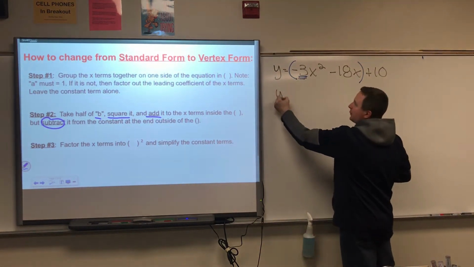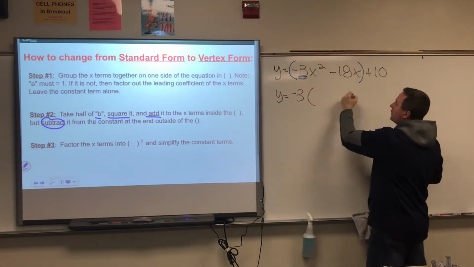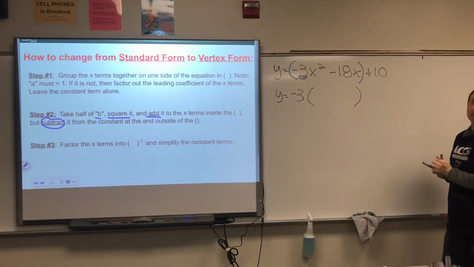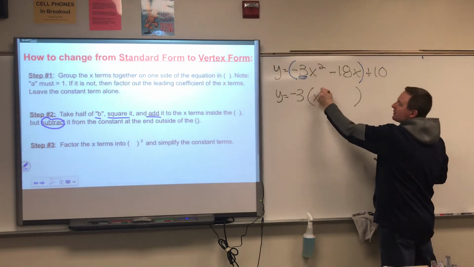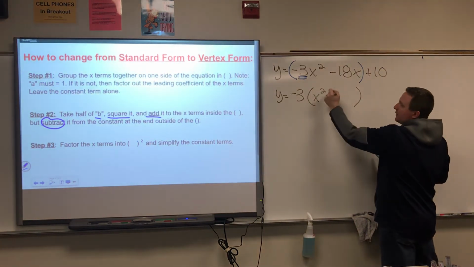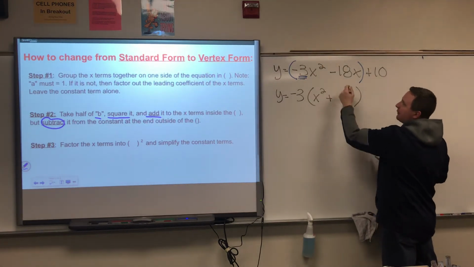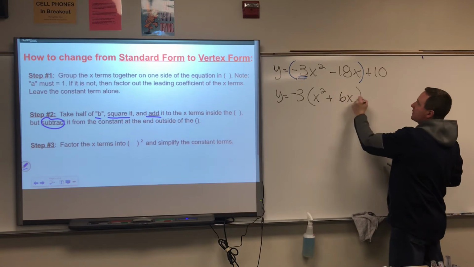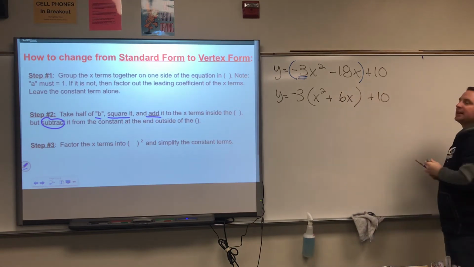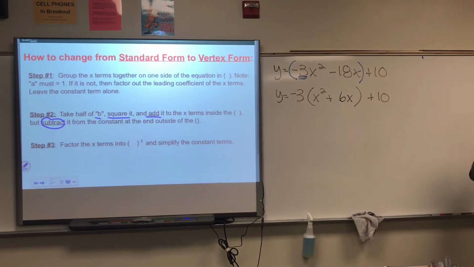Can't have negative 3 there, so I'm going to factor it out again, of just the x's. If I divide out a negative 3, I'm going to get x squared, this is going to turn to plus, and negative 18 divided by negative 3 is positive 6x, plus 10. So there I've completed step number 1.